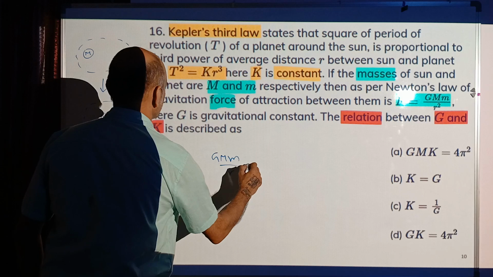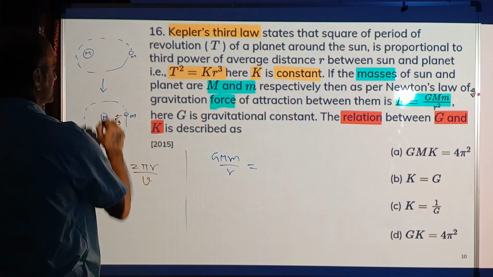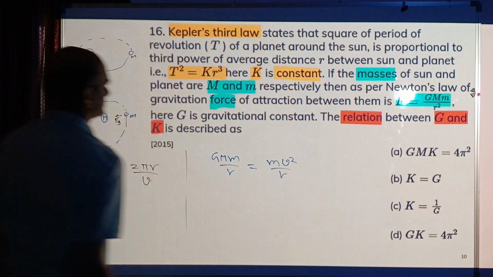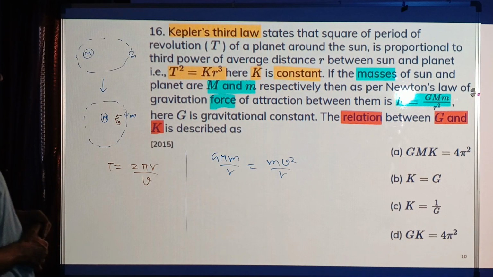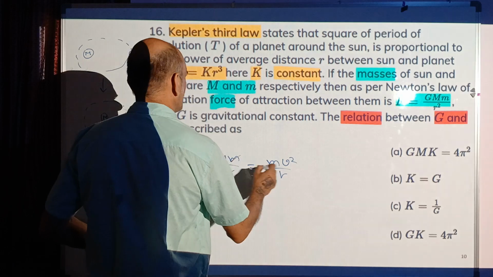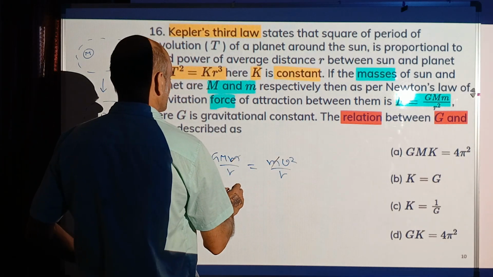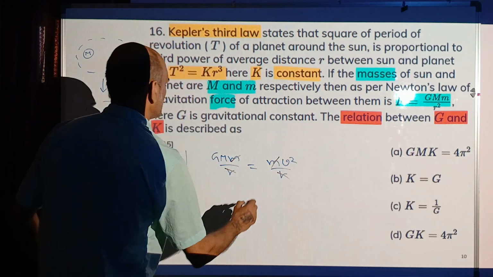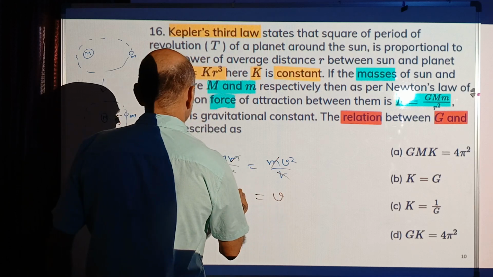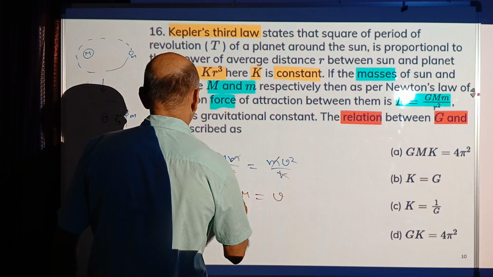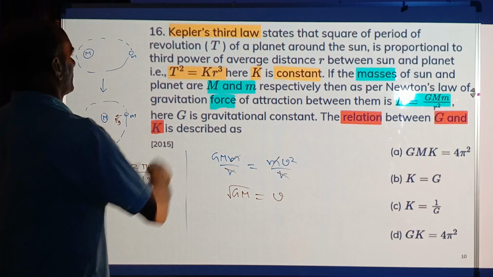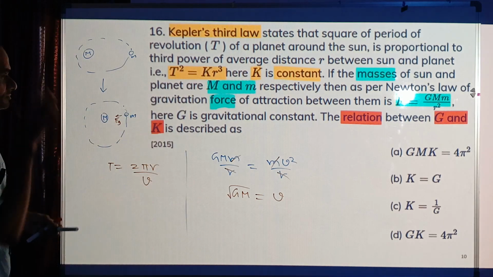That should be balanced by the centrifugal force mv square by r. So that will give v as square root of GM.